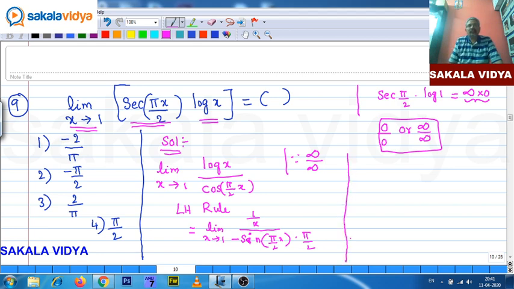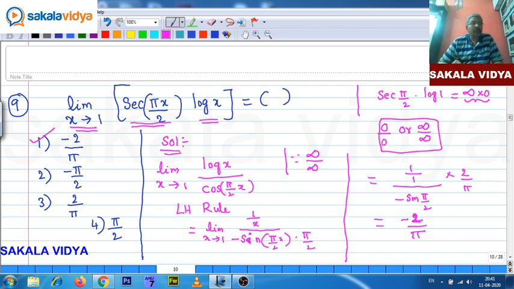So, now let us substitute the limit. We get 1 by 1 upon minus sin pi by 2 into pi by 2, means 2 by pi. Sin 90 is 1, 1 by 1 is 1, minus 1 into 2 by pi, minus 2 by pi is the right answer. So, first option is the right option.